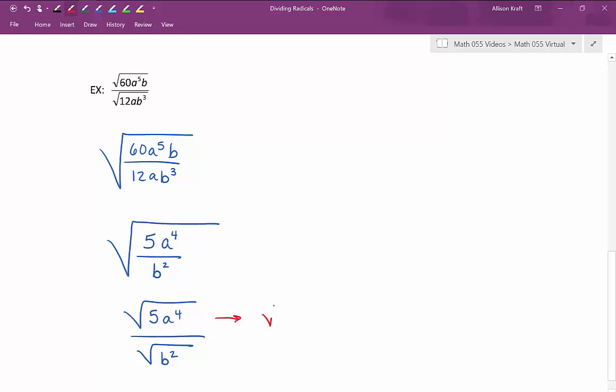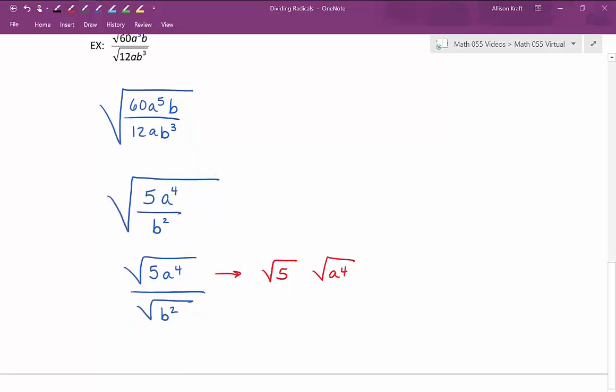As we did in the previous example, you may want to look at the numbers separate from the variables. The square root of 5, there's no perfect that's a factor of that, so that's just going to stay the square root of 5.